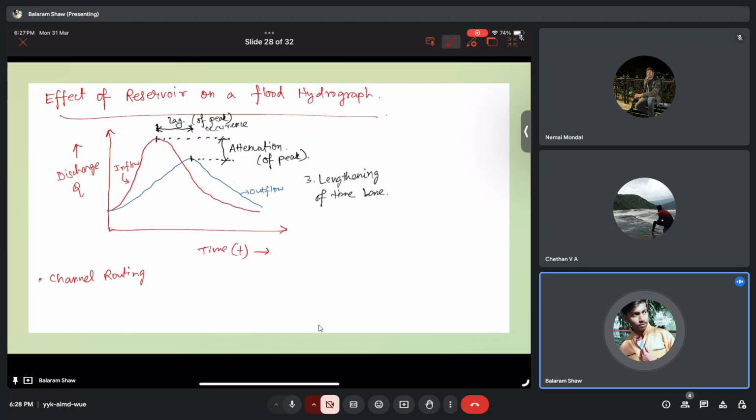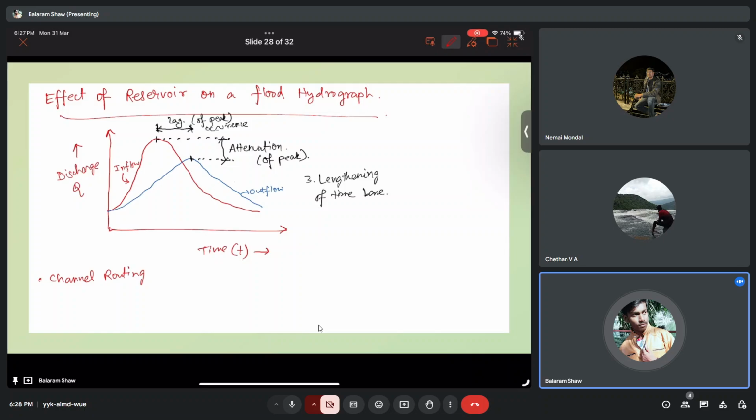So what we'll study here is the change in the shape of the hydrograph downstream. Let's say here you know the hydrograph, maybe something like that.